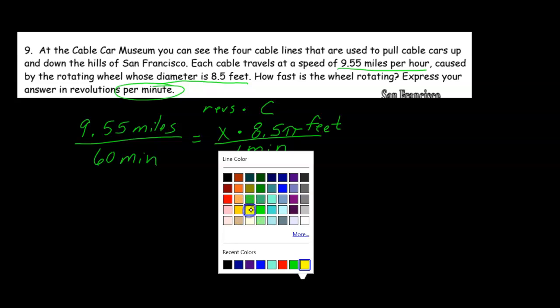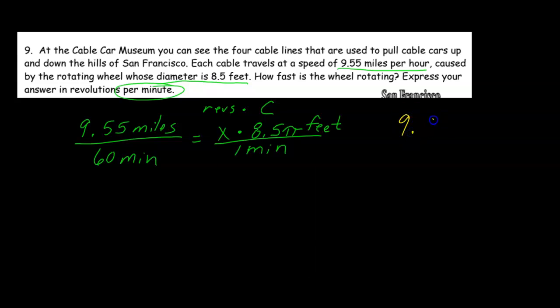So take your 9.55. It's in miles, so we want to multiply that by the number of feet in a mile, 5,280, and you should get 50,424.